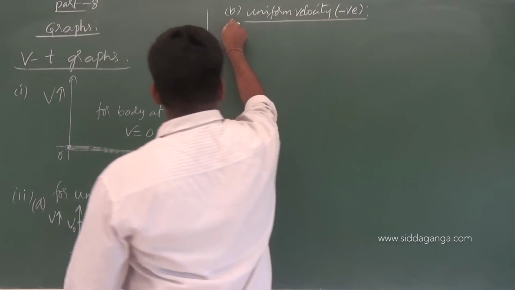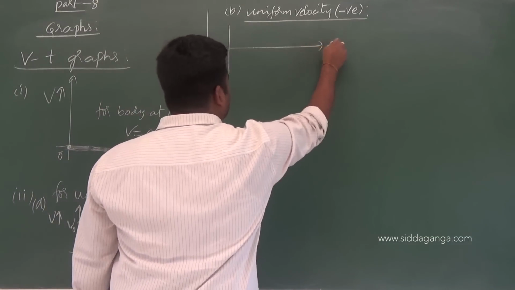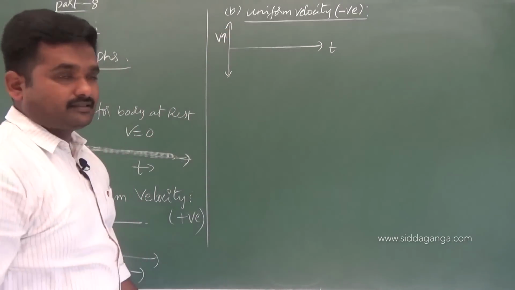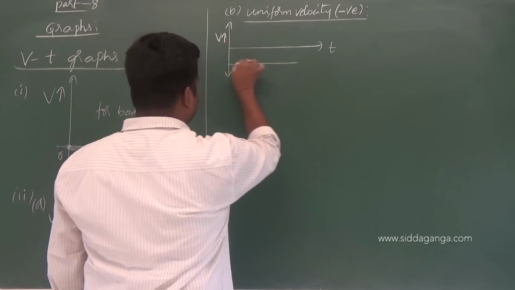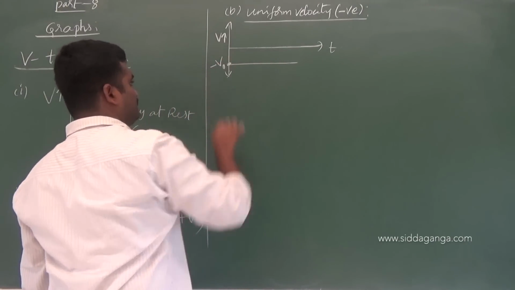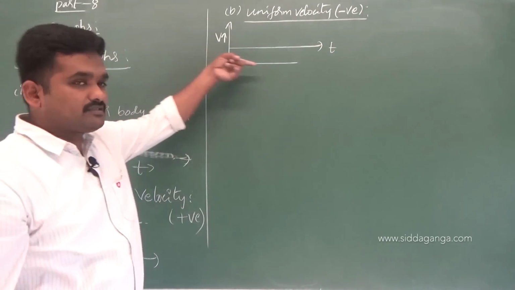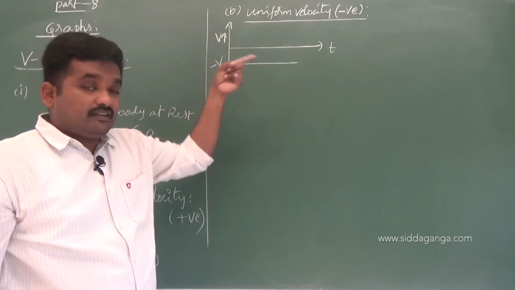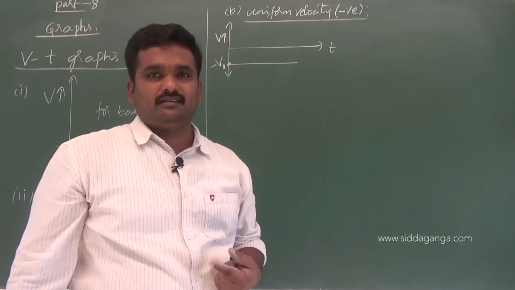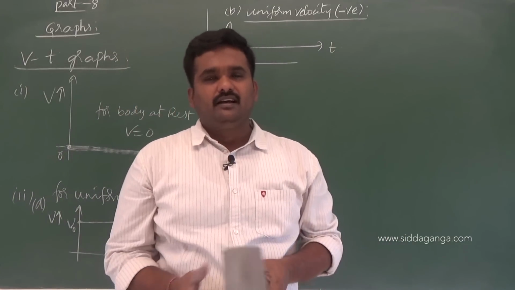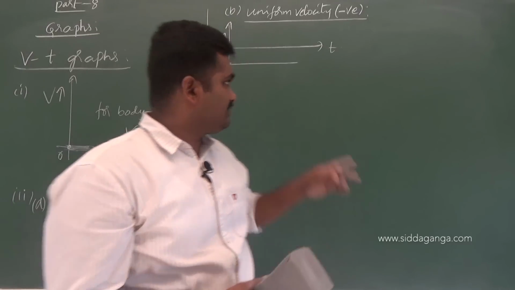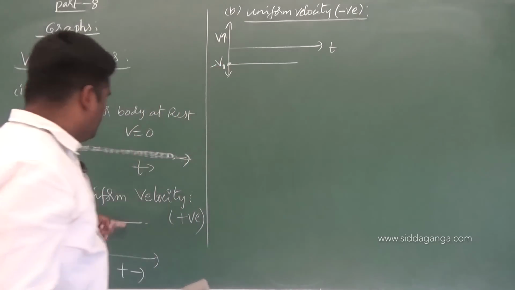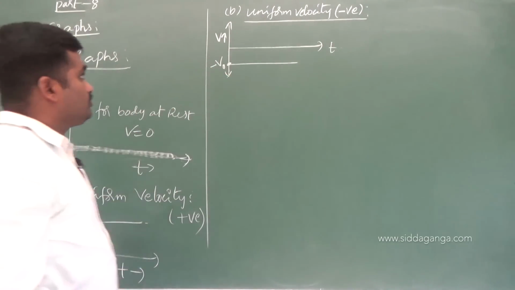If this is the time axis and I take V on the y-axis, the graph is parallel to the time axis at minus V naught. Throughout the motion the velocity is constant, but negative velocity means it is moving in the opposite direction, in the negative x-axis. That is the difference between these two graphs and how we need to plot them.